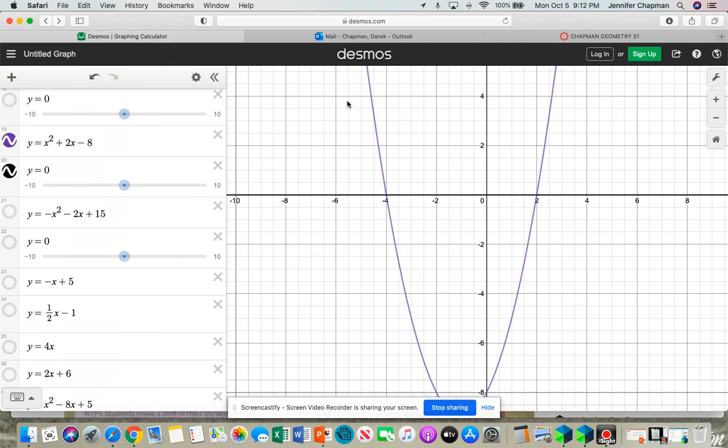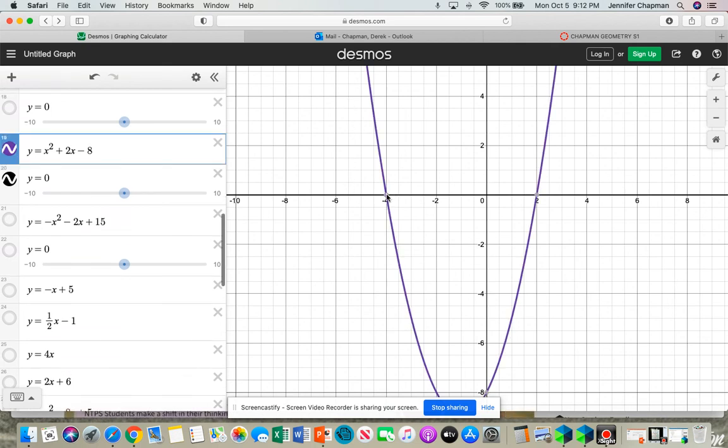It's physically above it. Between my two x-intercepts of negative 4 and 2, my parabola is less than. It's all below the x-axis. It's all below y equals 0. And then on the right side in zone 3, after you get x equals 2, my parabola is above that line, y equals 0.